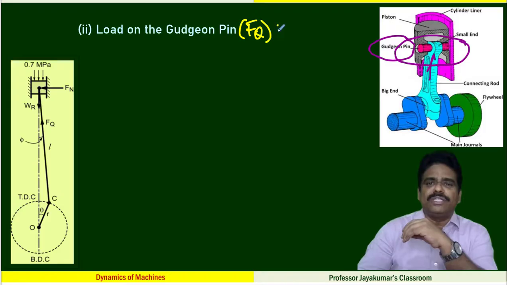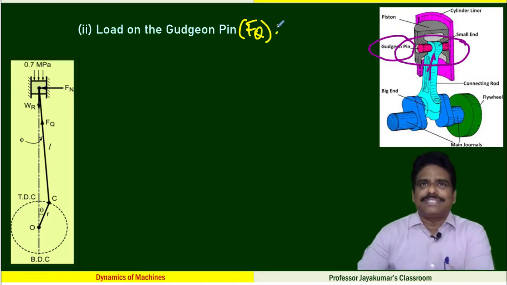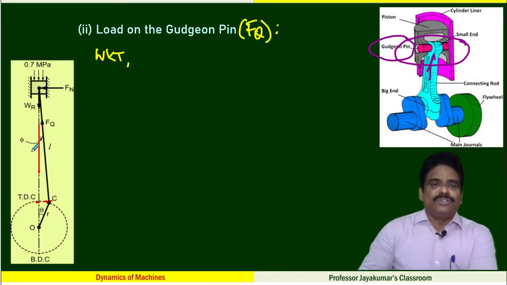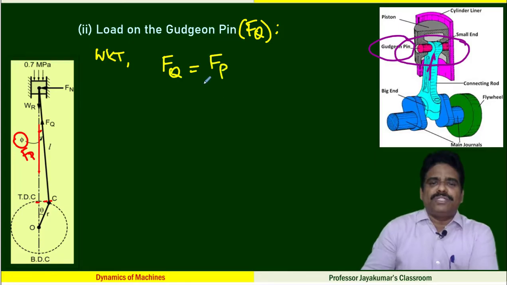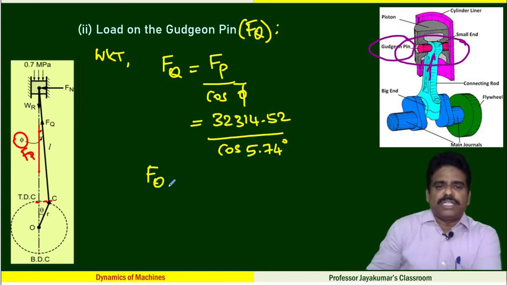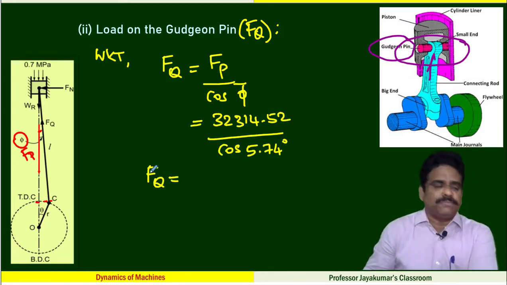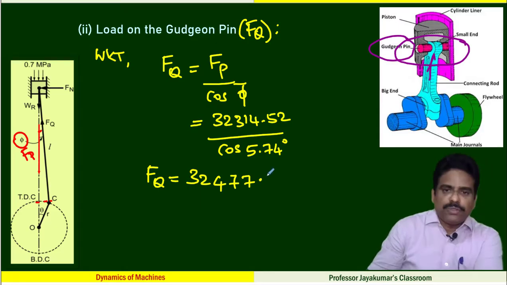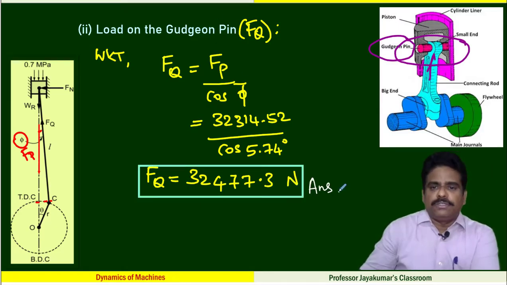So we are to determine the value of thrust acting along the connecting rod. Knowing the value of Fp and this value phi, we can very well find the Fq value. So from this we can write Fq is equal to Fp by cos phi. From this I can get Fq as 32477.3 Newton.